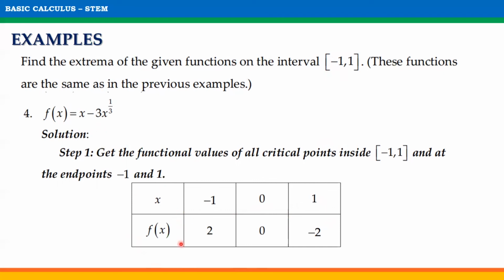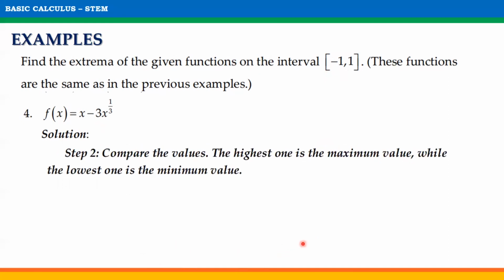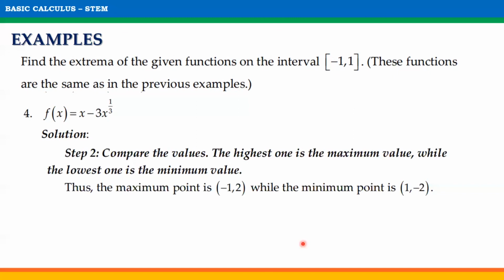Evaluating the values of f of x, we will get 2, 0, and -2 respectively. Comparing the values, we will get the maximum point to be at -1, 2, which makes 2 the maximum value, while the minimum point is at 1, -2, which makes -2 the minimum value.